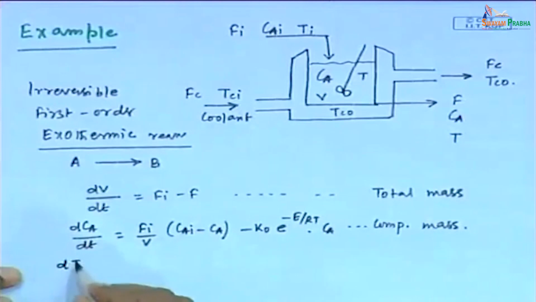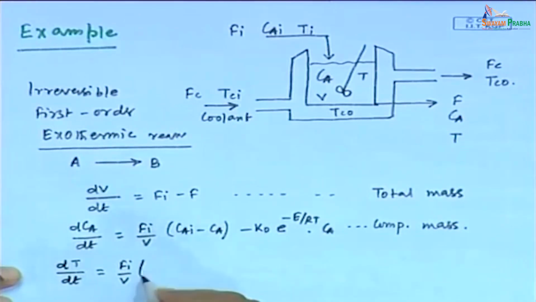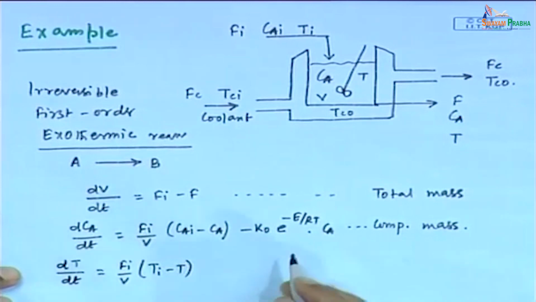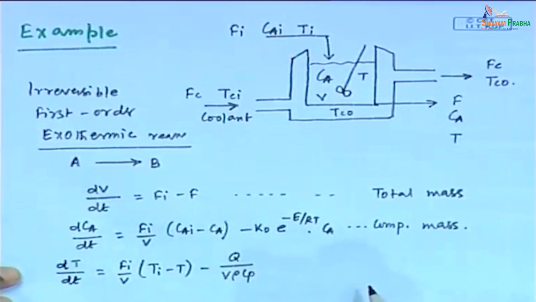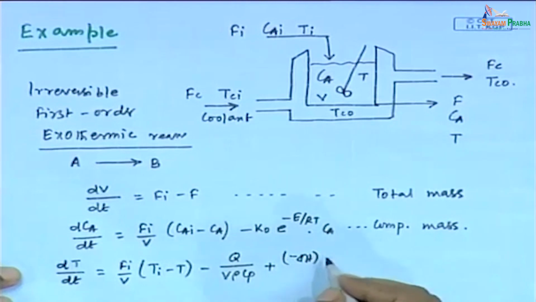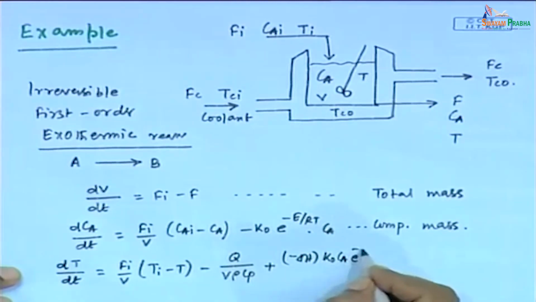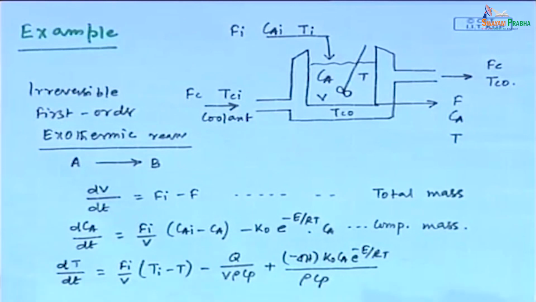The third equation we got considering energy balance. So, that equation is dT/dt equal to Fi divided by V times (Ti minus T) minus Q divided by V rho Cp, plus minus of delta H k naught Ca exponential of minus E divided by RT, whole divided by rho Cp.